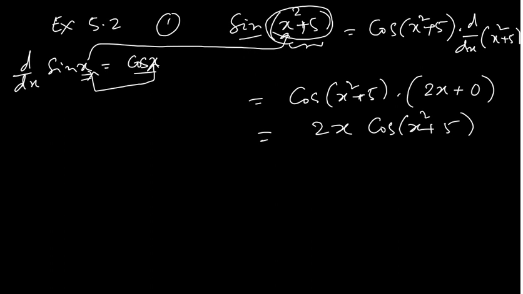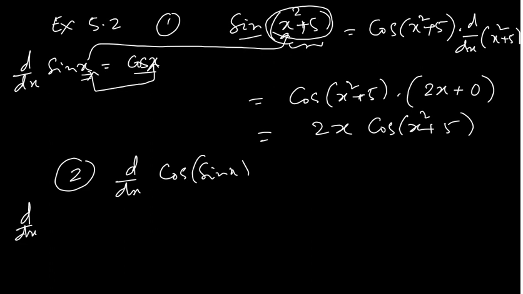So second question. What I said earlier, you just take it like that only. If you don't understand this part, we will revise again, if you require. So dy by dx of cos of sin x. Write down the formula. We know dy by dx of cos x is equal to minus sin x. Here x, here x. But this is not x.